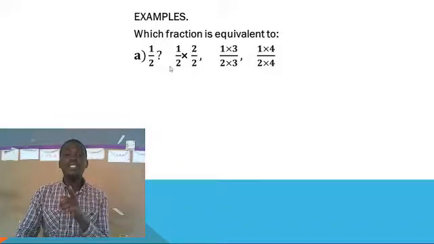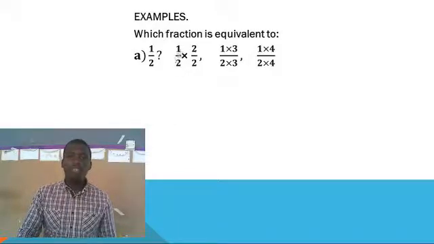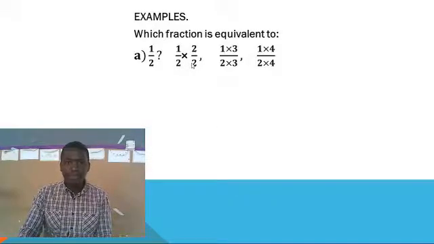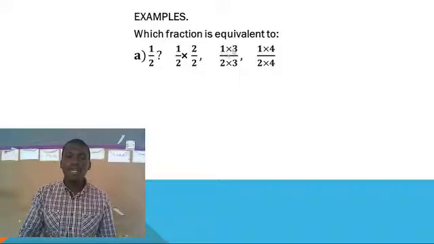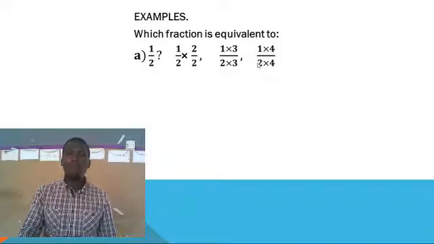Which means, to get the equivalent of a half, we multiply the numerator by 2, and then we multiply the denominator by 2 also. The next one will be 1 times 3 out of 2 times 3. The next one will be 1 times 4 out of 2 times 4.